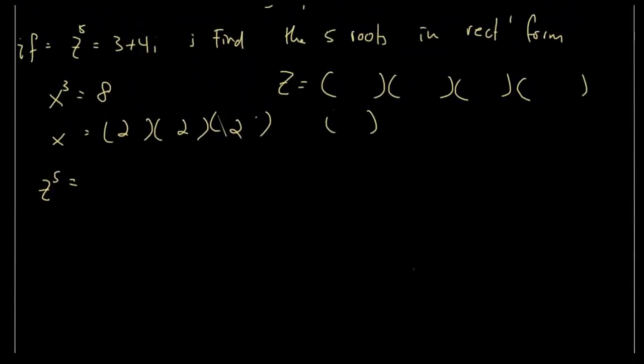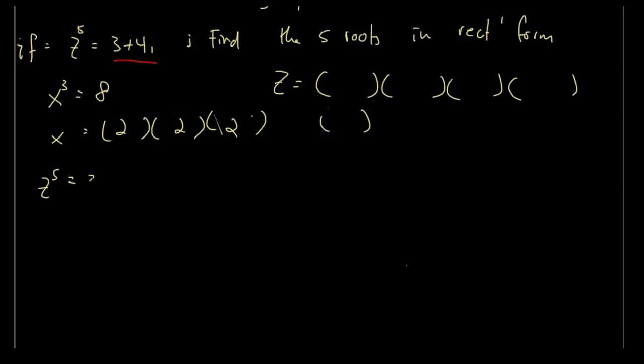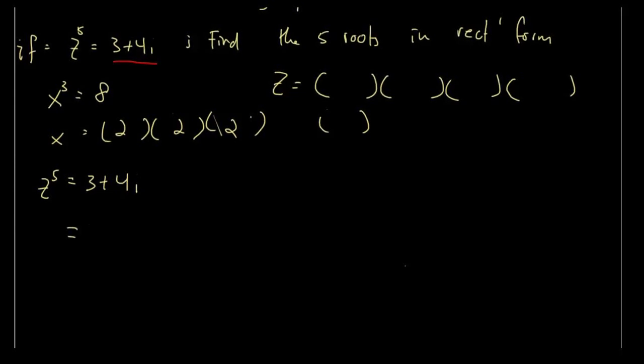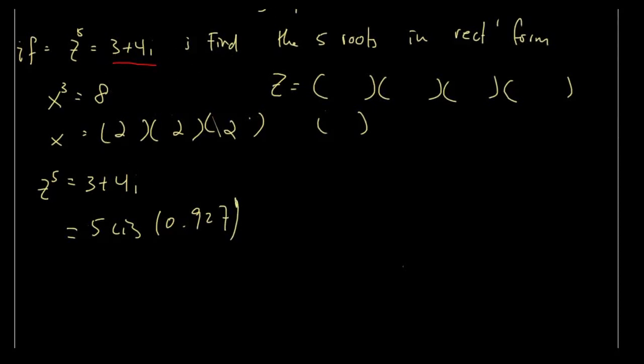Our first step is that we have to convert this 3 plus 4i into polar form. So 3 plus 4i equals 5 cis 0.927. But remember our equivalent solution, so that will be plus 2k pi. Now to get rid of the fifth power, we have to get that to the other side.